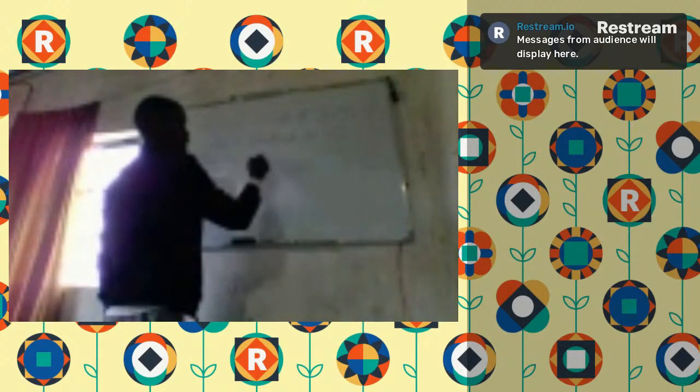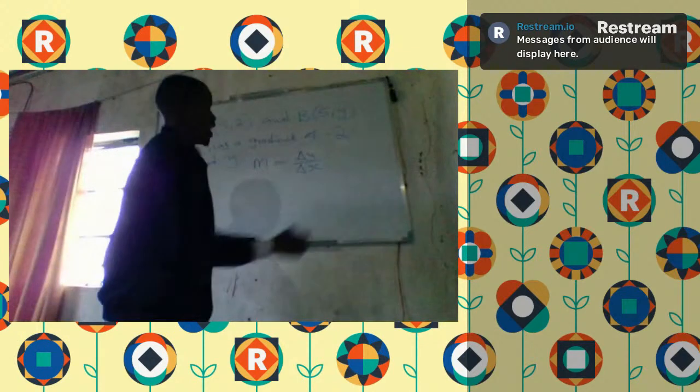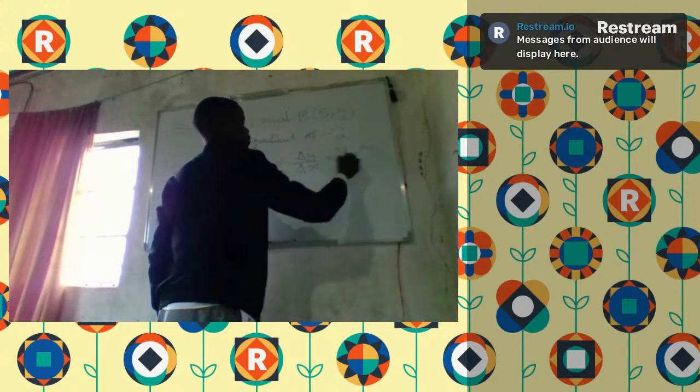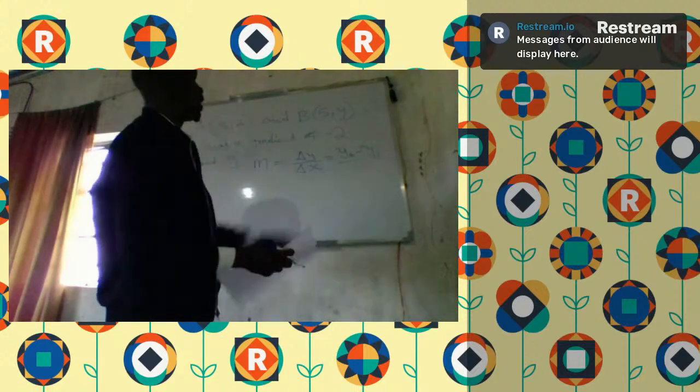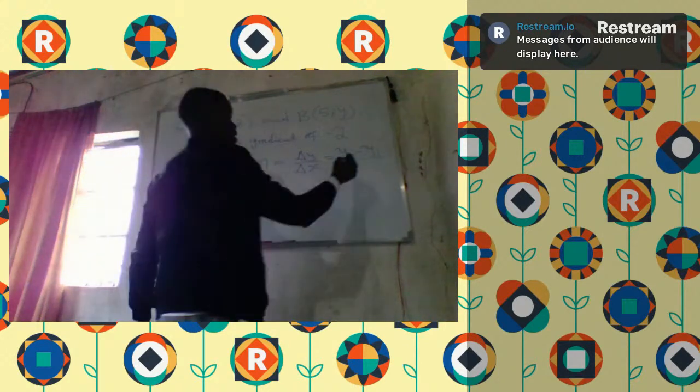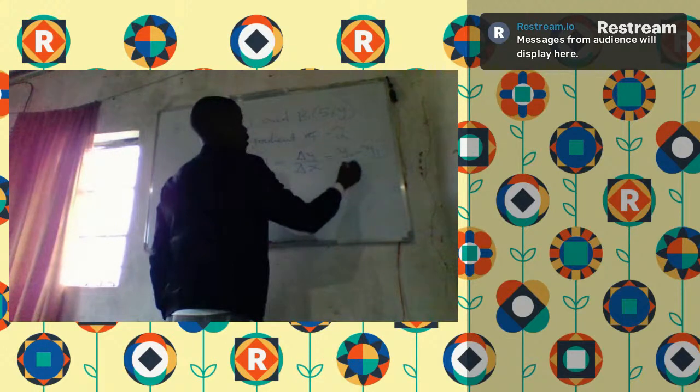The gradient of a straight line, represented by m, is equal to the change in y over the change in x. In other words, y2 minus y1 over x2 minus x1. We find the difference between the coordinates y2 and y1 over x2 minus x1. In the points that we've been given, for point A, 3 will be our x1 and 2 will be our y1.